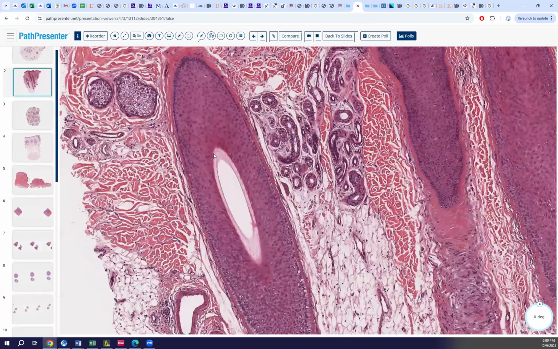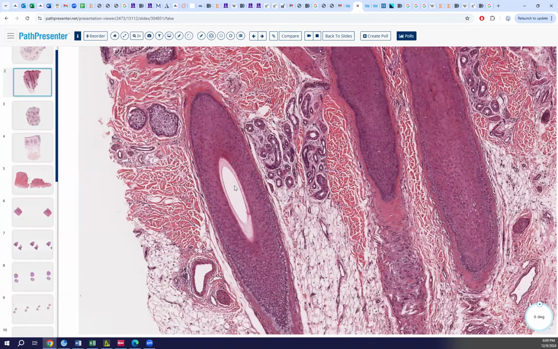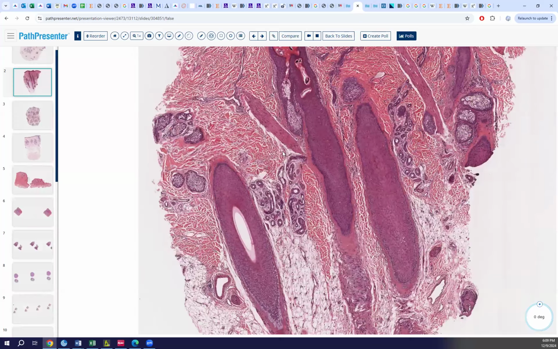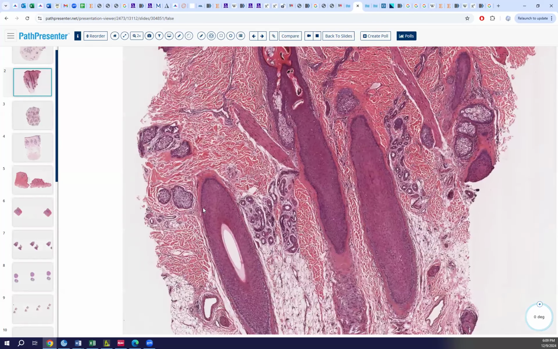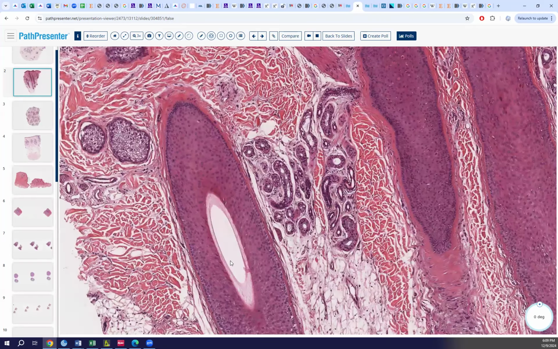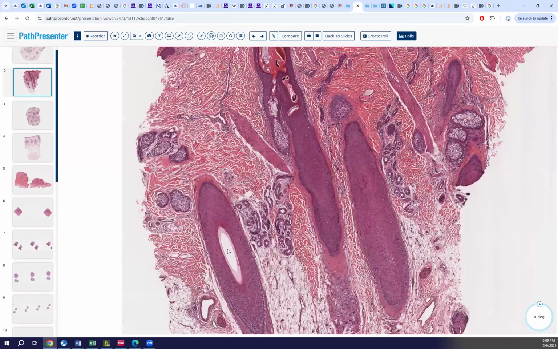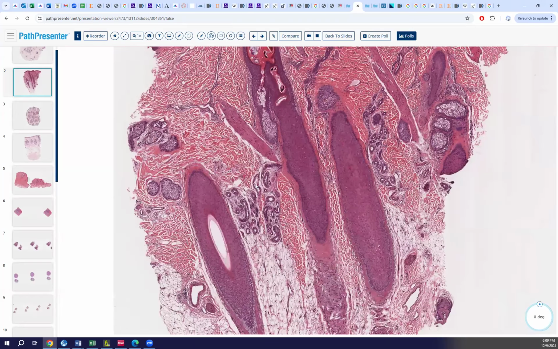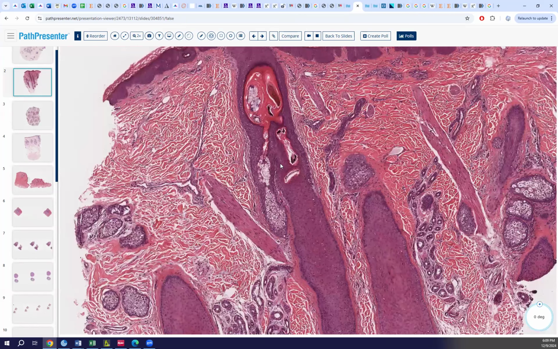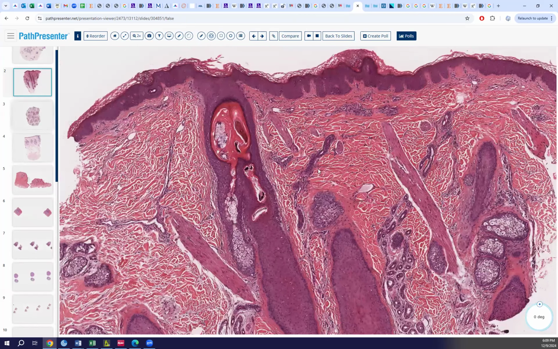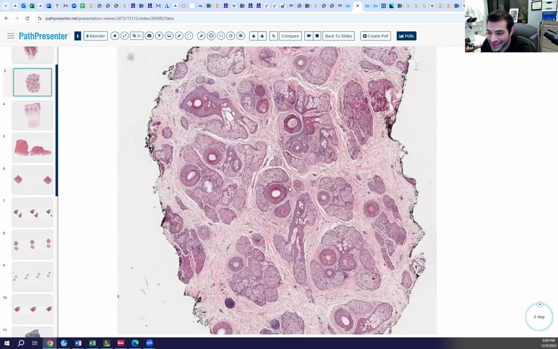The inner root sheath will be hanging around collapsed. There won't be a defect where the hair shaft was. It'll just be a tight, compressed inner root sheath. So that's a very characteristic clue of trichotillomania and less so traction. We don't have it in this, but I'll show you a picture tomorrow.